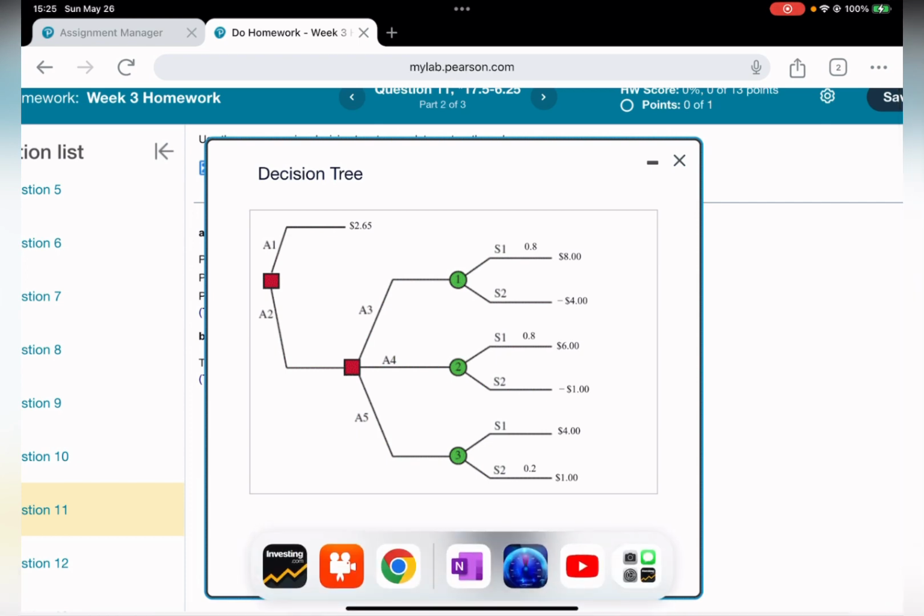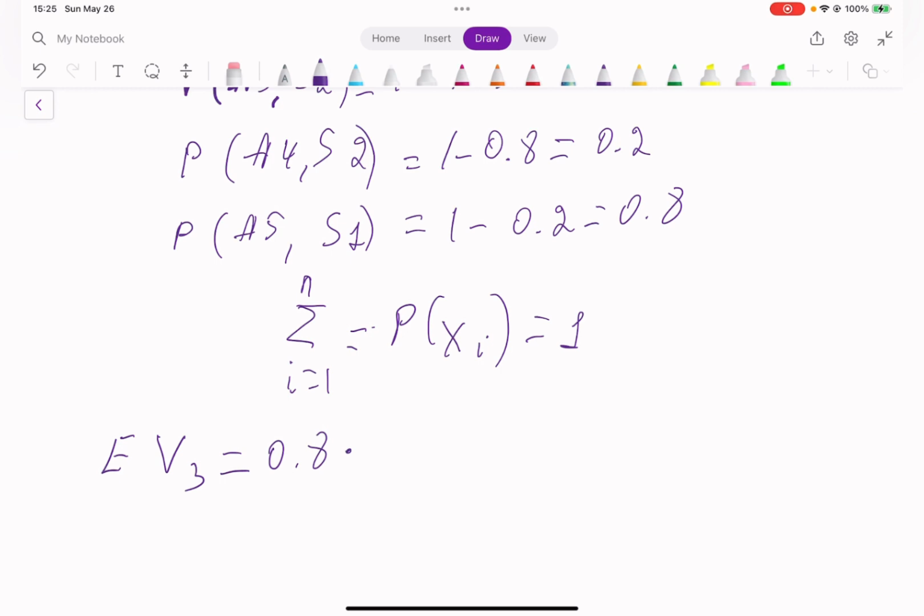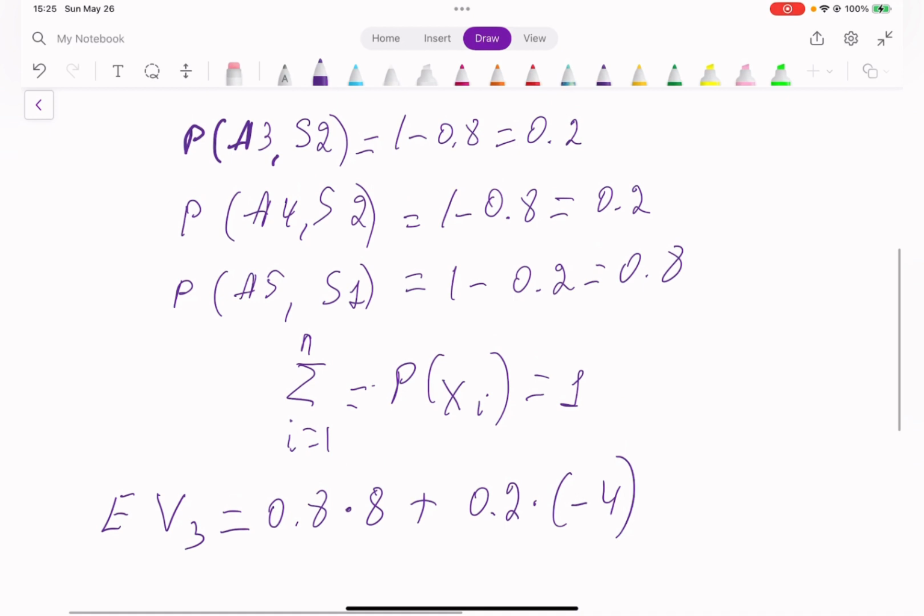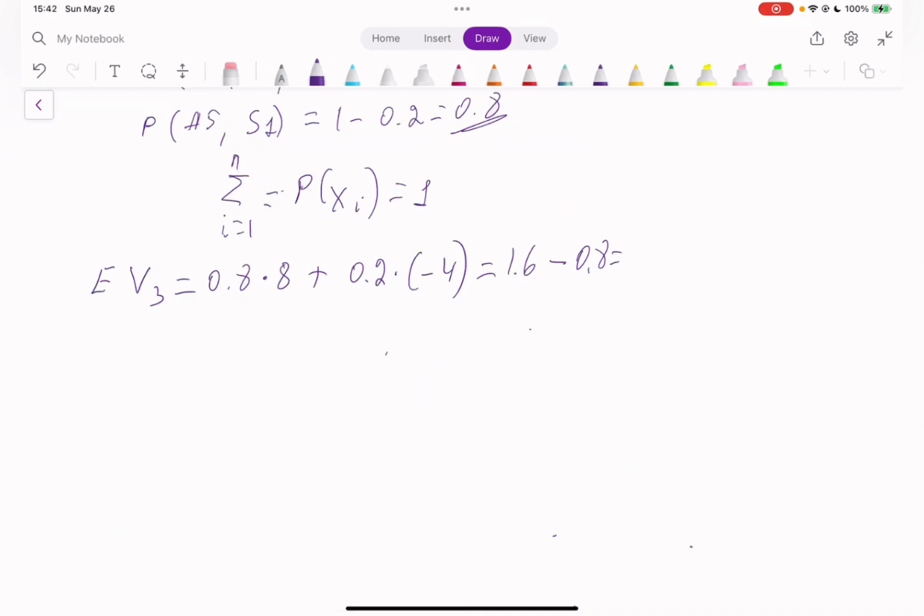So the expected value for A3 is going to be 0.8 times $8, plus 0.2 times negative $4. This is negative 0.8. And what do we have?